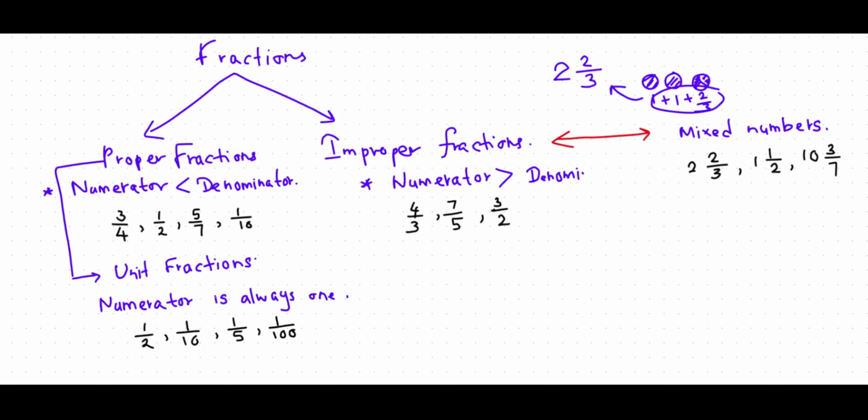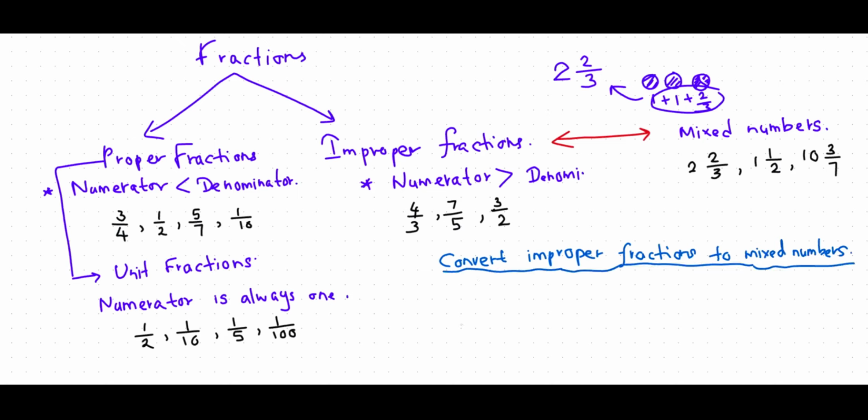Then we'll see how we convert improper fractions to mixed numbers. I will take this first improper fraction, 4 over 3. 4 divided by 3.